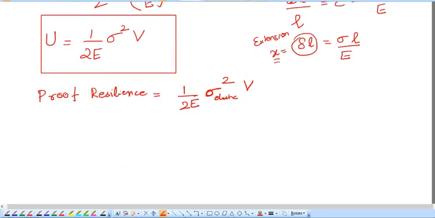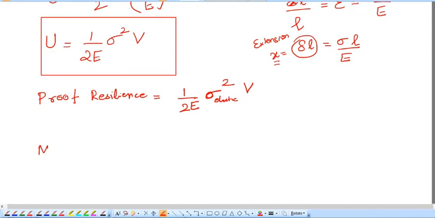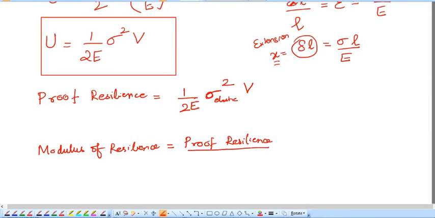And next is modulus of resilience. The formula for the modulus of resilience is proof resilience divided by volume of the body. So what is your proof resilience?